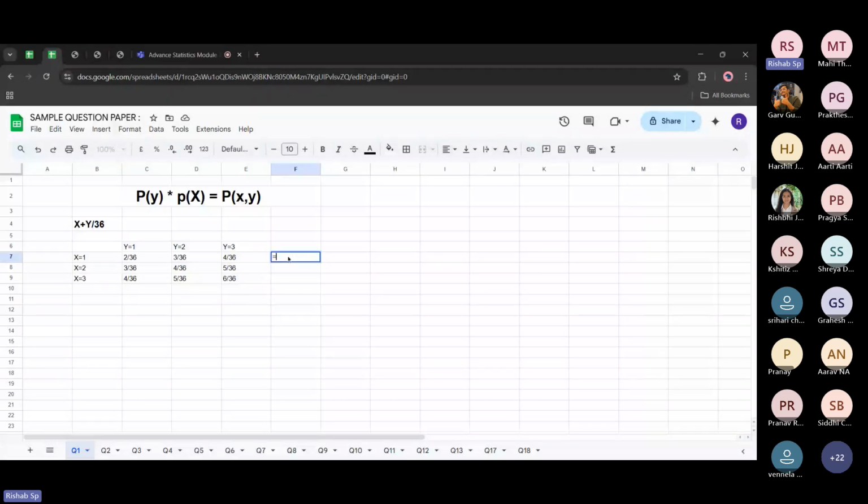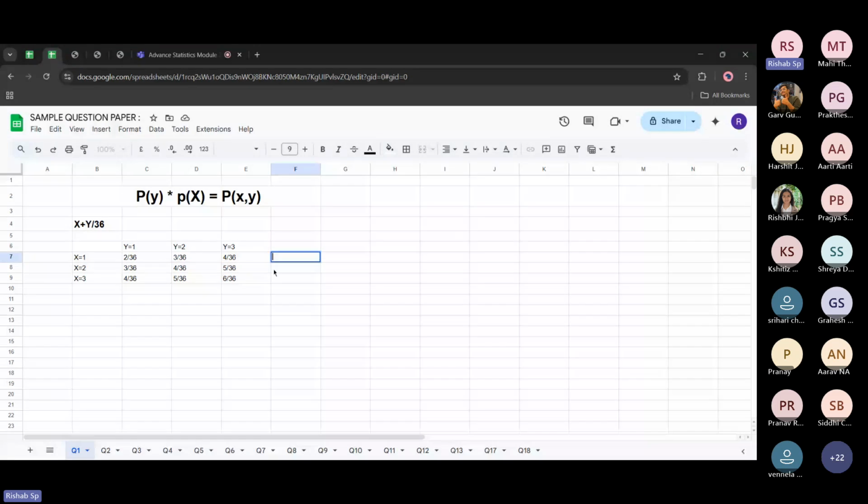We'll find the marginal row total, which is the sum of these three values. 2, 3, I've made some mistake. 1 plus 1, 2 plus 1, 3 plus 1, 4 divided by 36. 4 plus 3, 7, 8, 9.